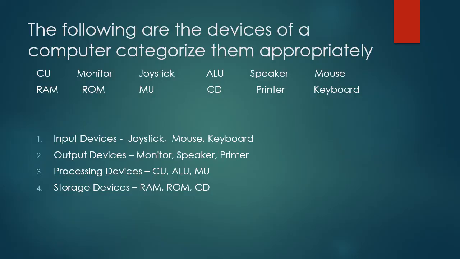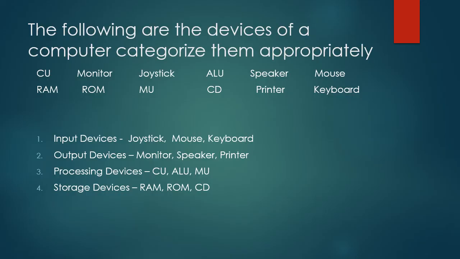Now see the next type of question. The following are the devices of a computer. Categorize them appropriately. Here some computer devices are given and you have to categorize them. So the first one is CU.